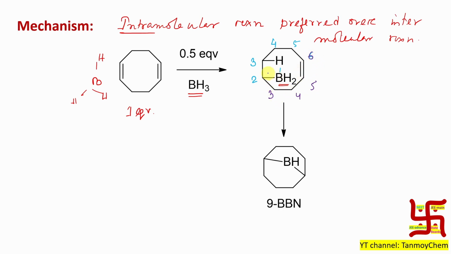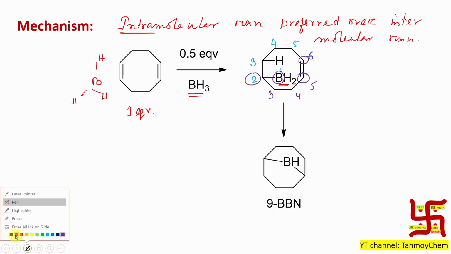So if this boron gets attached here, both sides are 6-membered rings, and we know 6-membered rings are stable. But if you think, sir, let's attach at 2 and 5, what will be the consequence? In that case the product will be a 7-membered ring on one side and a 5-membered ring on the other. Some amount of ring strain is there. So in order to avoid that, both sides 6-membered rings will be followed.